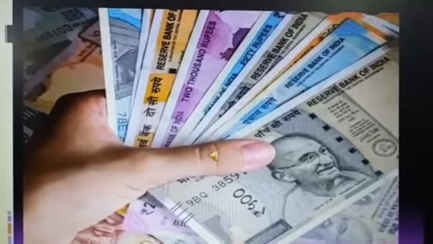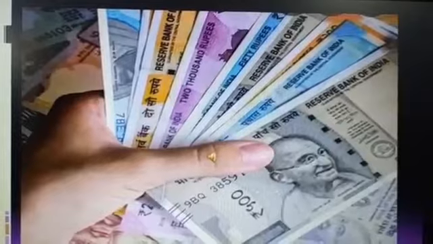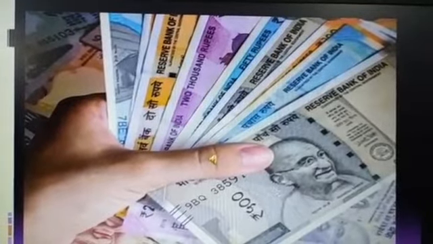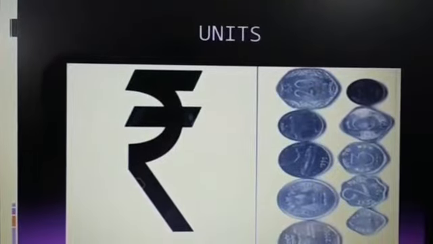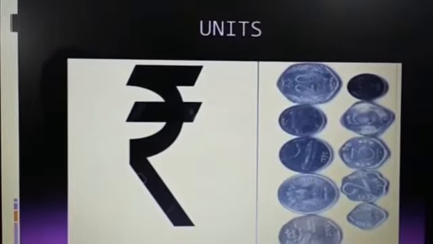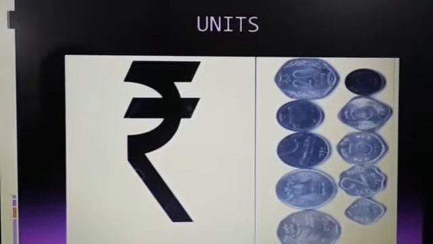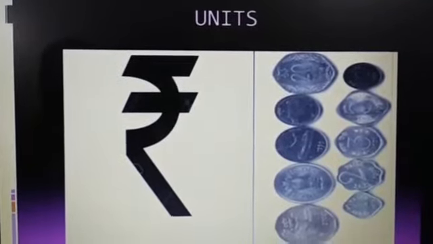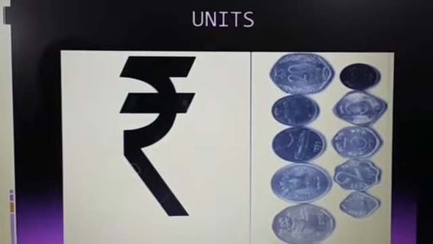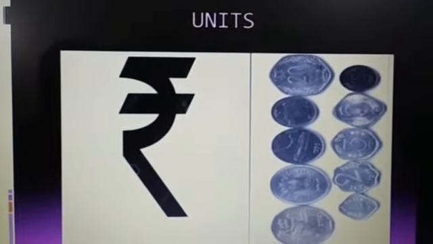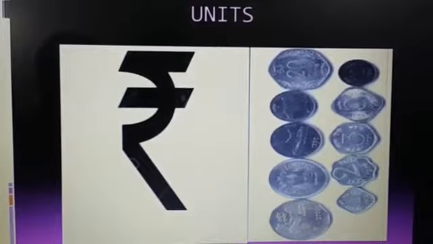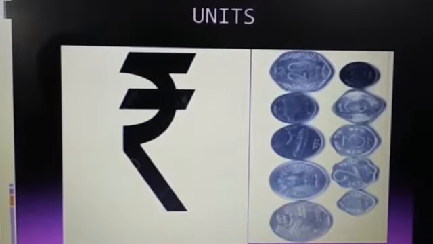Let's start today's class. Again, today I am in the chapter Money. Symbol of money, that means units of money in front of you. All of you know the rupee symbol and some coins are there, that is in paise.